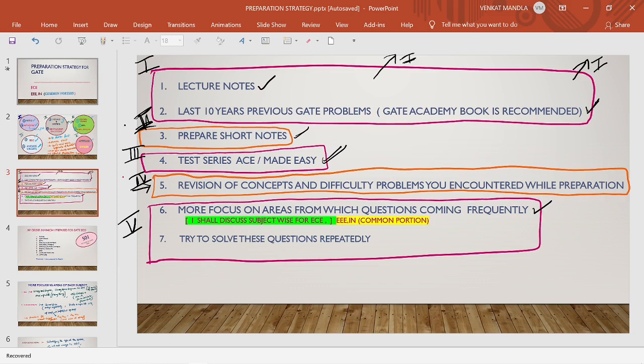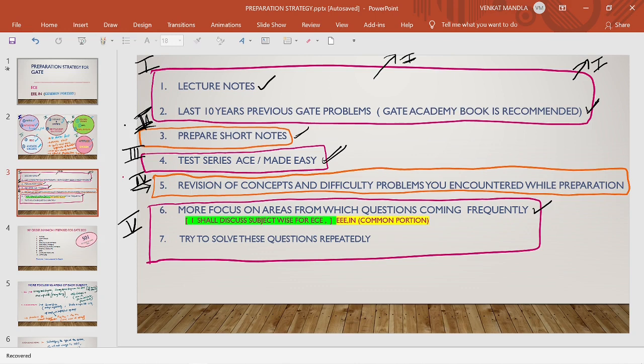Complete the ACE and Made Easy test series next, and then the revision of concepts and difficult problems you encountered, which may be from your previous GATE problems or from your ACE and Made Easy test series.